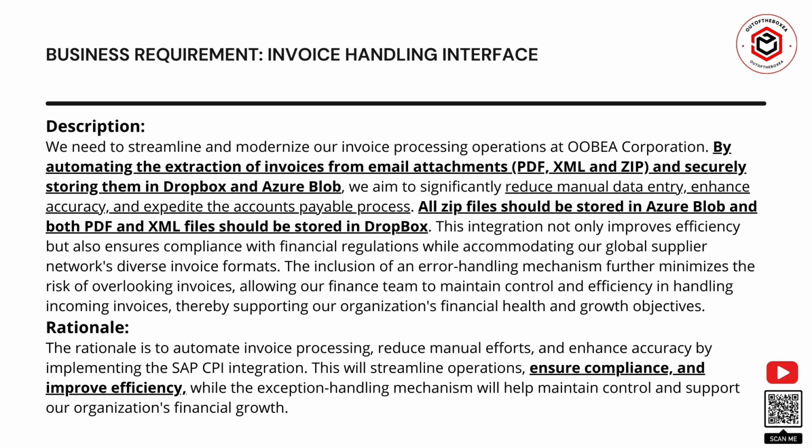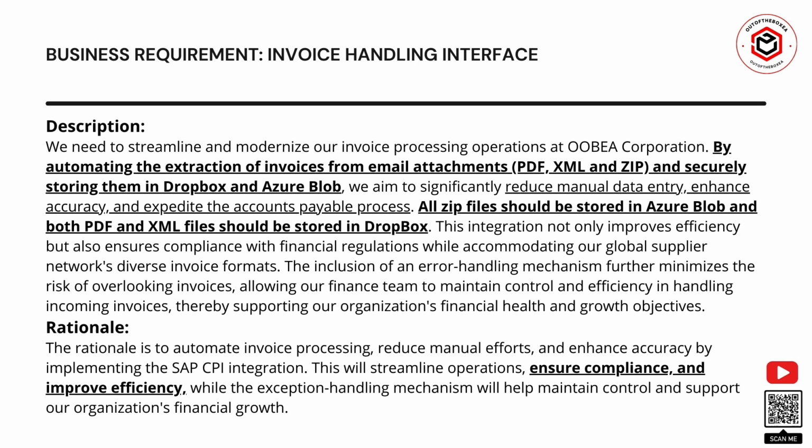diverse invoice formats. The inclusion of an error handling mechanism further minimizes the risk of overlooking invoices, allowing our finance team to maintain control and efficiency in handling incoming invoices, thereby supporting our organization's financial health and growth objectives. And what is the rationale and the business benefit?